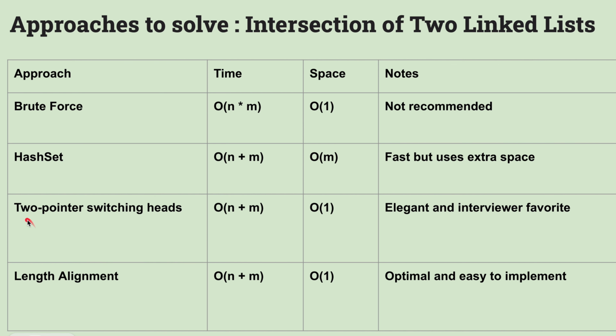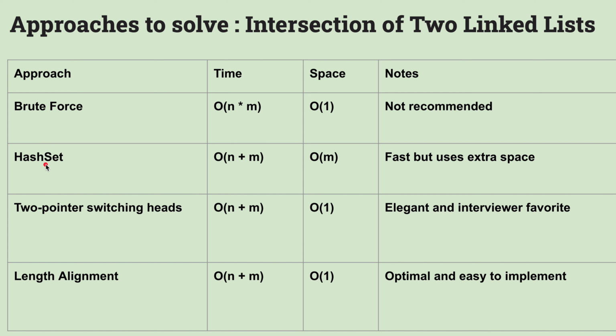Then we also have other approaches, hash set and brute force, right? But brute force is not recommended because it will traverse all the nodes for list A and list B, and the time complexity becomes O of n times m, which is not recommended.